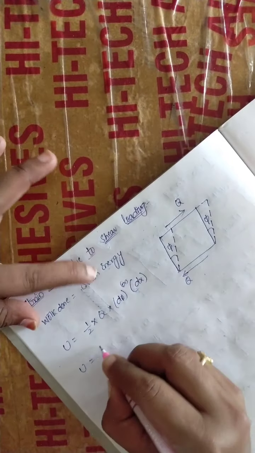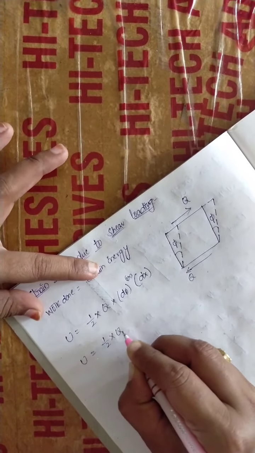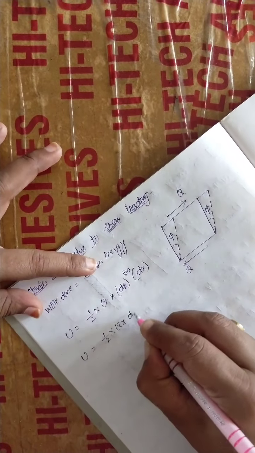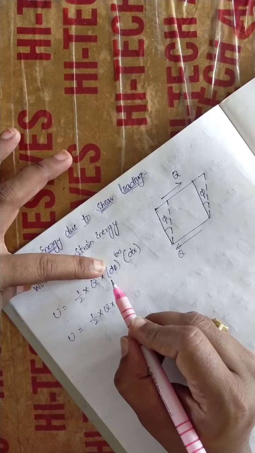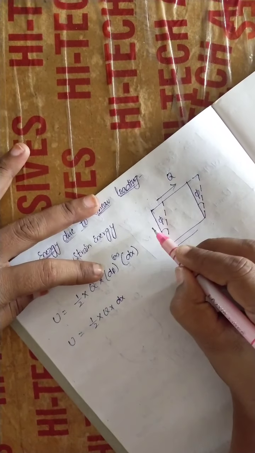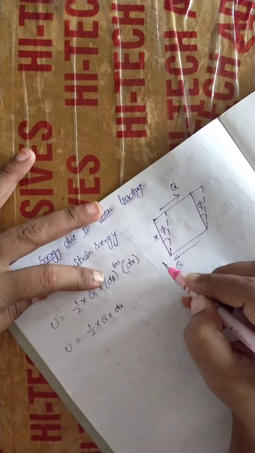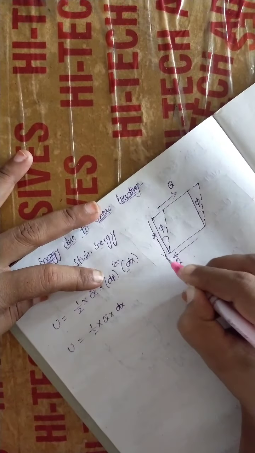So for convenience I will consider it as dx. If you are not going to get confused, you can take d phi also, no problem. Then you just take the length is x, this length is x.